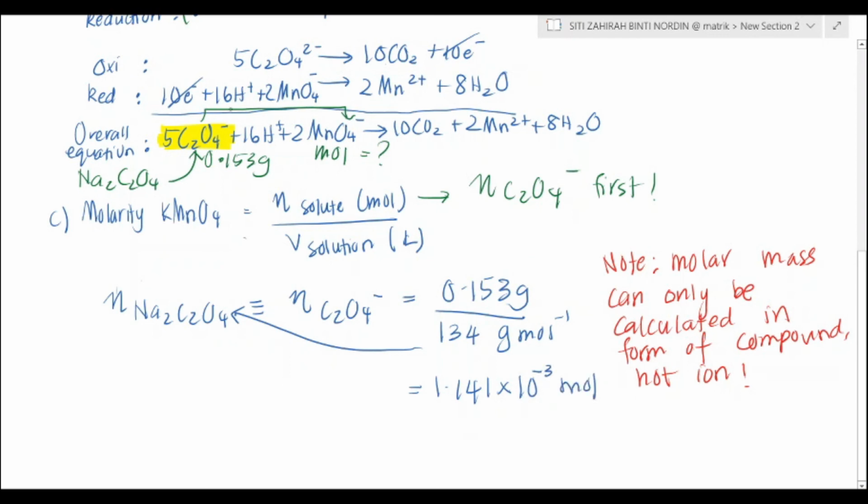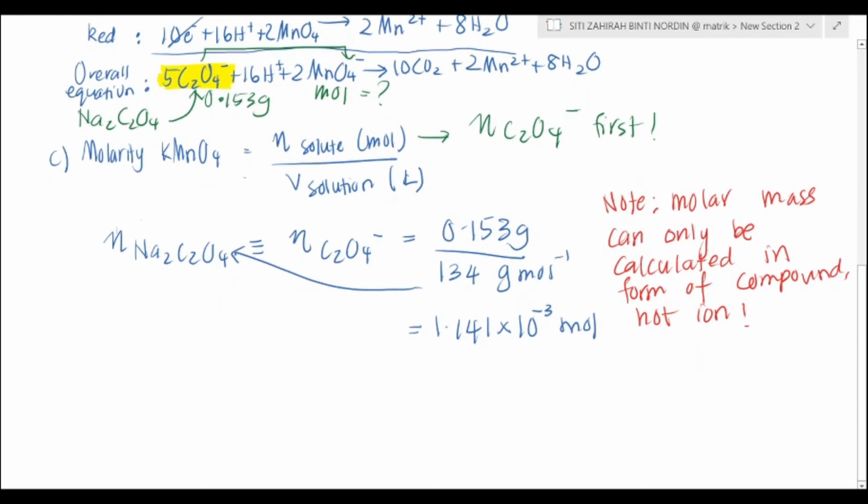Okay, now let's do the ratio. From your overall equation, 5 mole C2O4 2- is equivalent to 2 mole MnO4-.